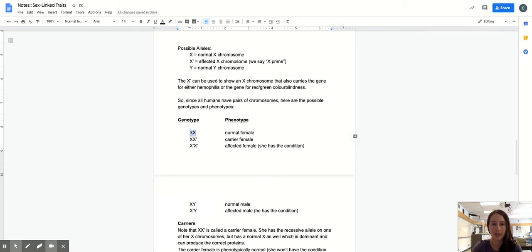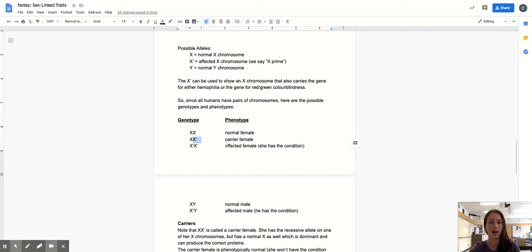Two unaffected X chromosomes is going to make you a normal biological female. One X that's not affected and one X prime, you are not going to have whatever the disorder is, but you are carrying it. So that's kind of like having a recessive allele where you can pass it on, right?